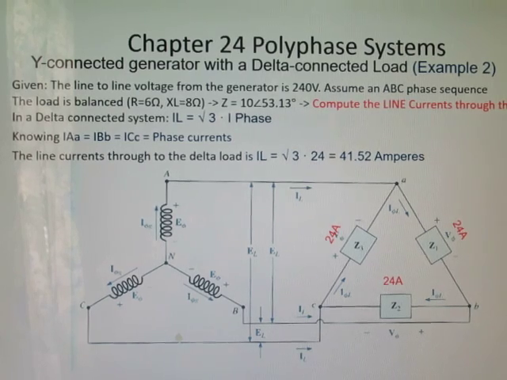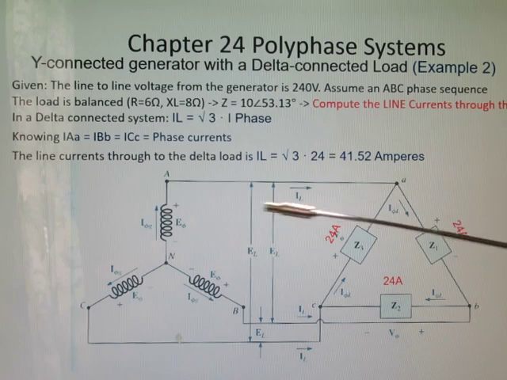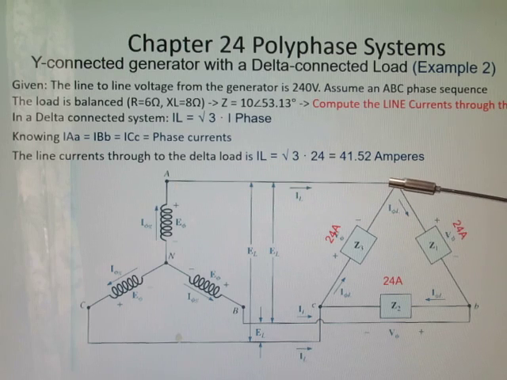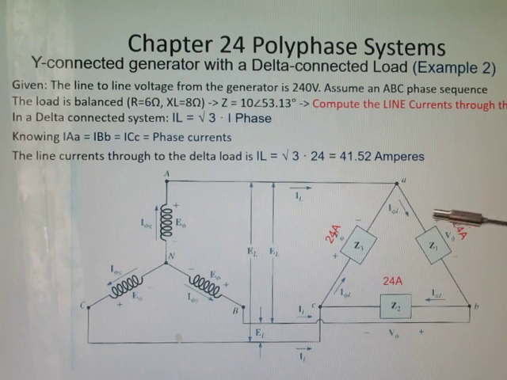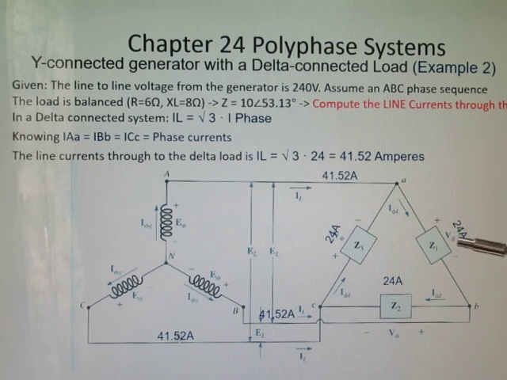So if we do the square root of 3 times 24, we get 41.52 amps. So we have 41.52 amps coming to A, and then we have a current here of 24, a current here of 24, and a current here of 24 amps. And here I'm showing the line currents and the phase currents on that load.